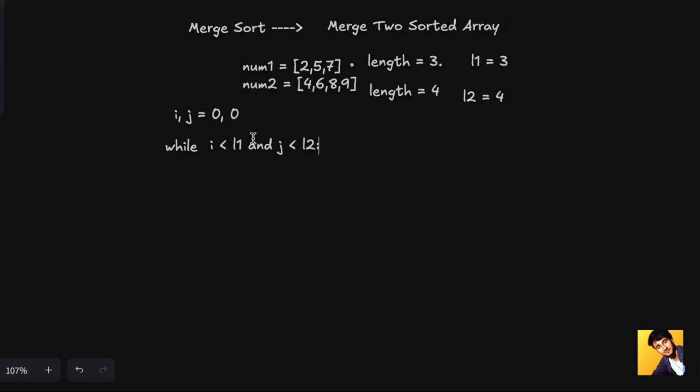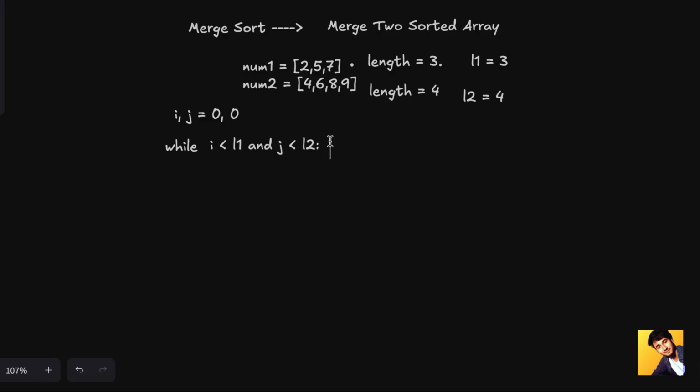Here we are using the AND operator, so while we are traversing the smaller array, only till then will it run. Whenever one condition gets false, the whole condition gets false. So if nums1 has 3 elements, j will also stop at the third element of nums2, because i has stopped after traversing 3 elements.